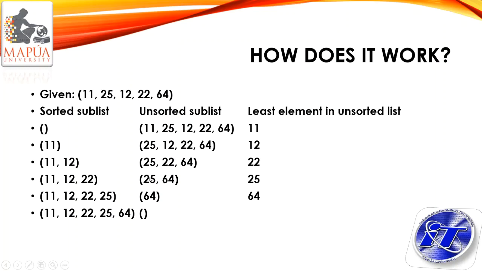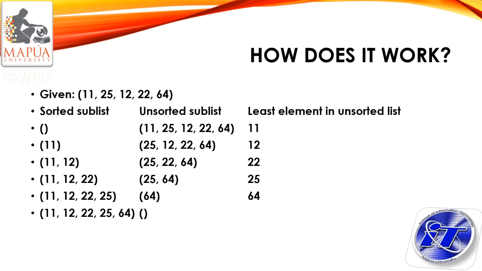Compare 25 with 64. 25 is the smallest. Therefore, the fourth element in the sorted sublist will be 25, and the unsorted sublist will be 64. Only 64 is left in the unsorted sublist.